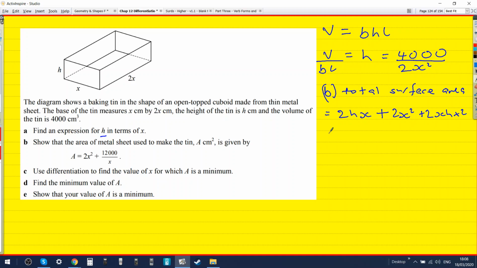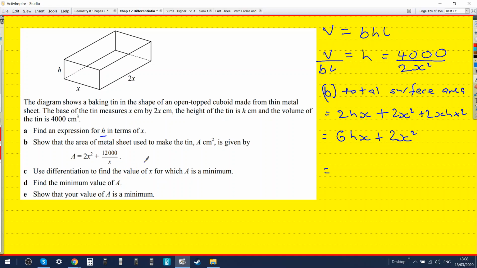So then we get 6hx plus 2x squared. And then you have to rearrange it to give you 2x squared plus 12,000 over x.